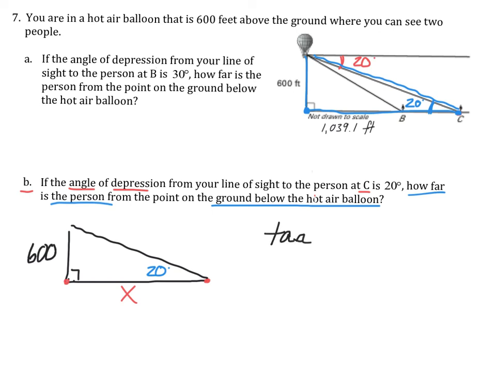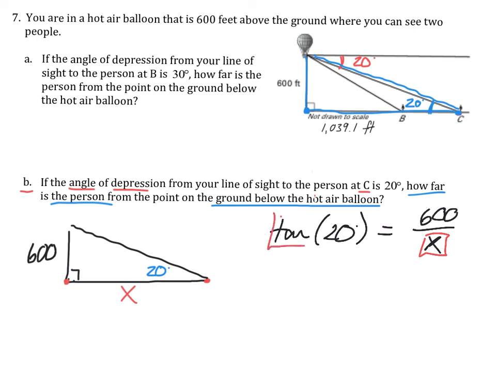The only difference is this time around, my angle of elevation is 20 degrees. Opposite is still 600, and adjacent is still x in this case. Variable is in the same spot, so I'm going to use my shortcut again to solve for x. So I know x is going to equal 600 divided by tangent of 20 degrees.